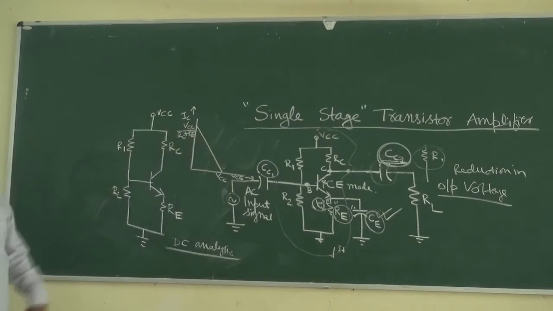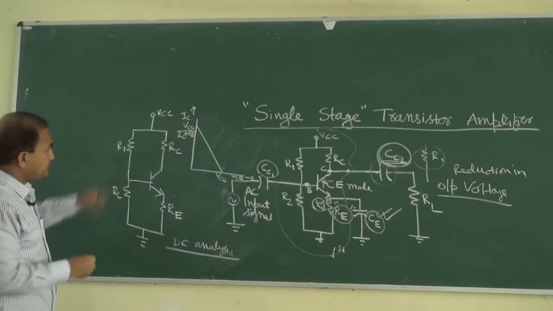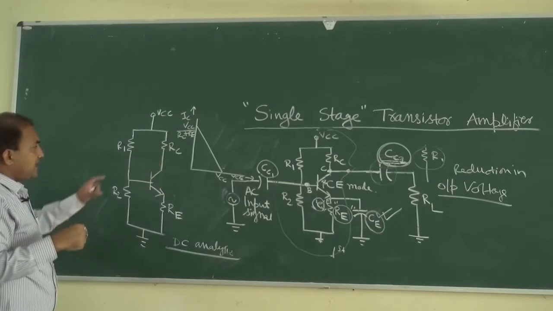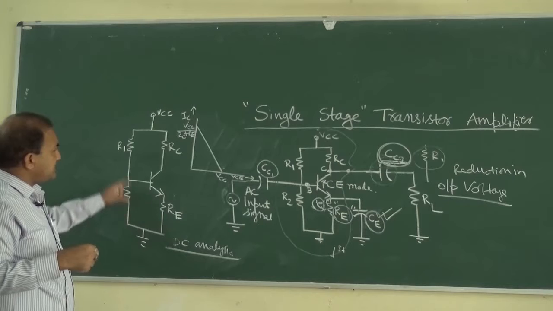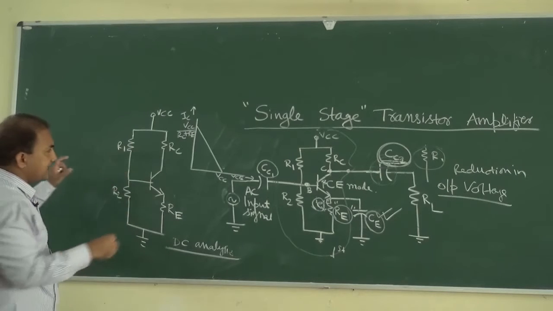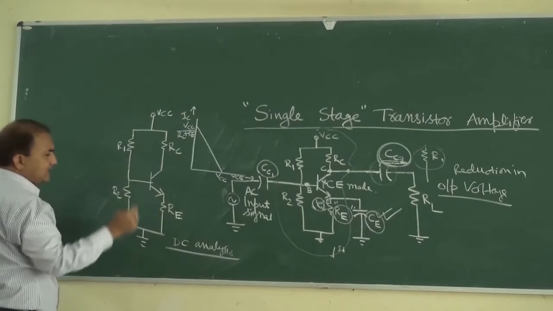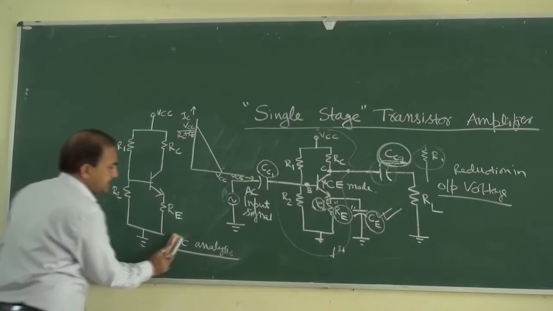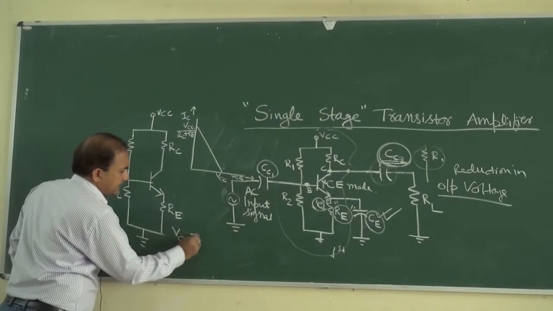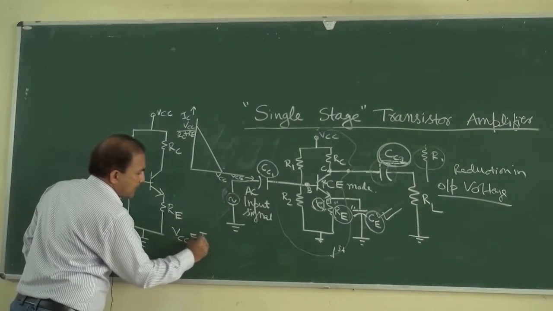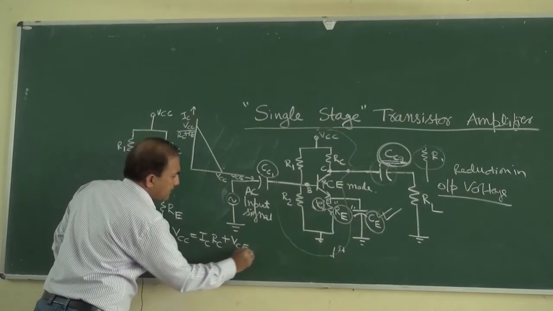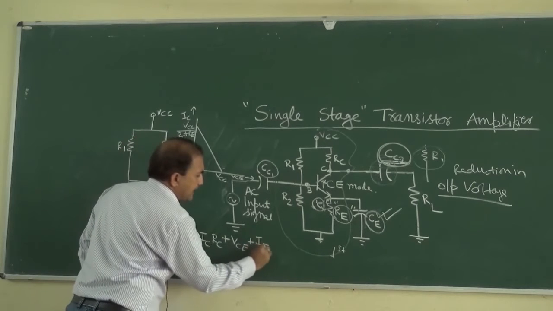So how can we get these values? In the previous class also we have seen this is a voltage divider biasing circuit. In the voltage divider biasing circuit, we can write the equation for VCE like this: VCC is equal to IC RC plus VCE plus IE RE.